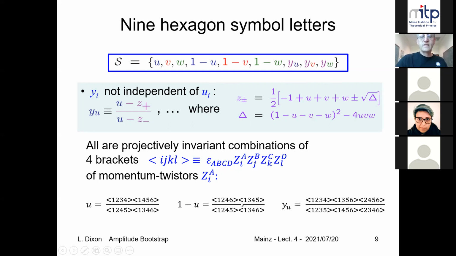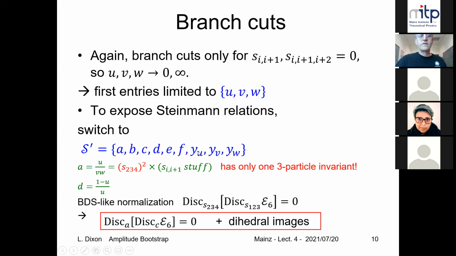There's a lot of activity in that today. But for now, we're just going to take these variables as given and ask what other things we need to do to find the correct function space for 6 gluon amplitudes.